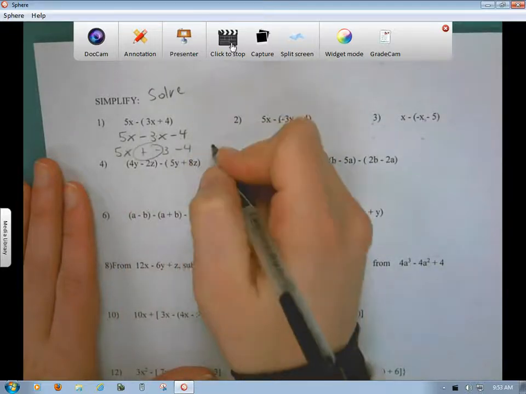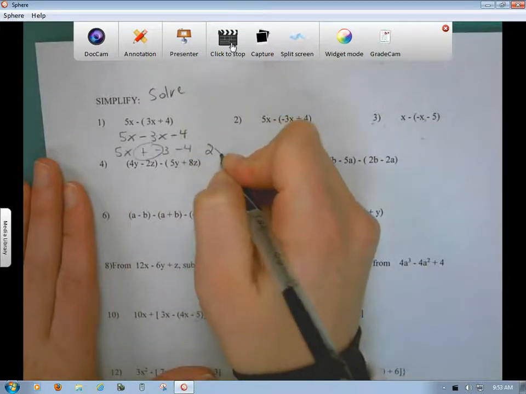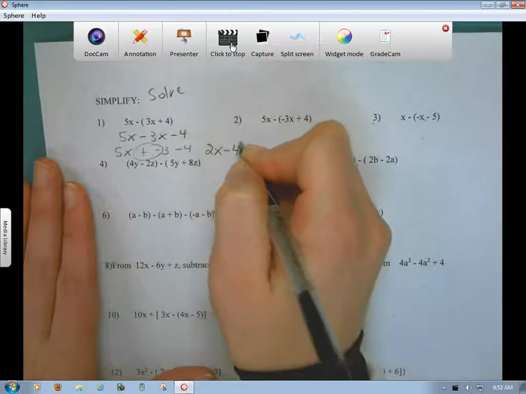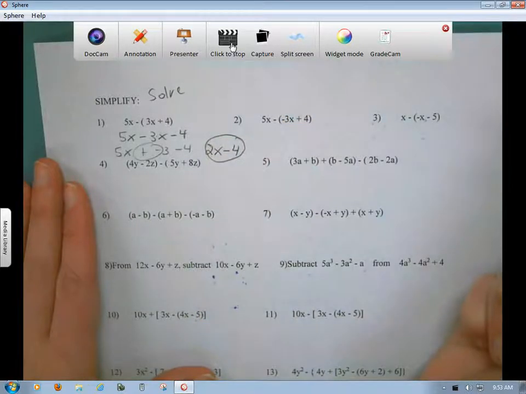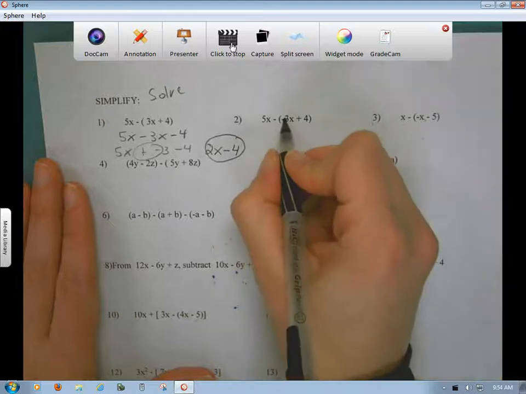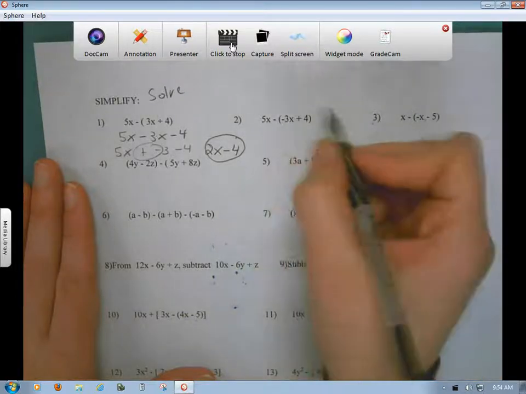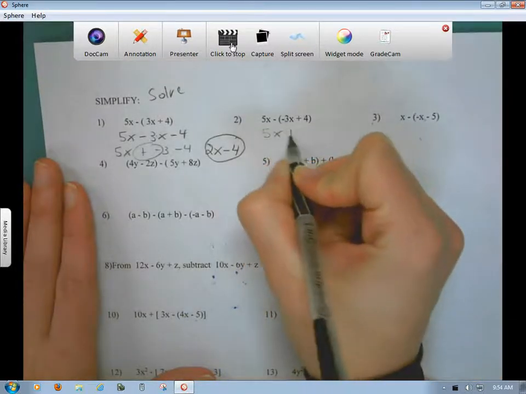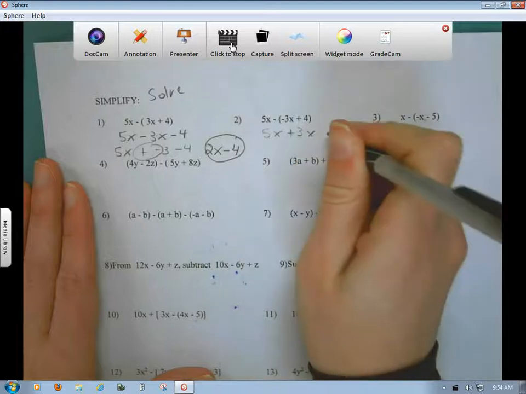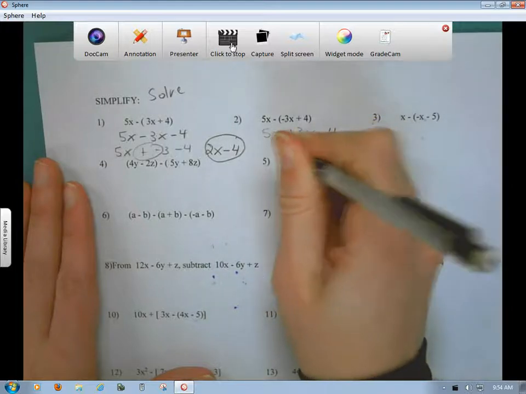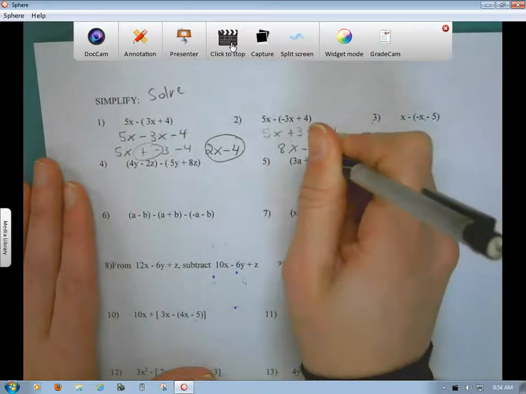So I get 2x minus 4 as my answer. Okay, here you could get rid of the double signs first if you wanted, or just distribute that negative. So here you're going to get 8x minus 4.